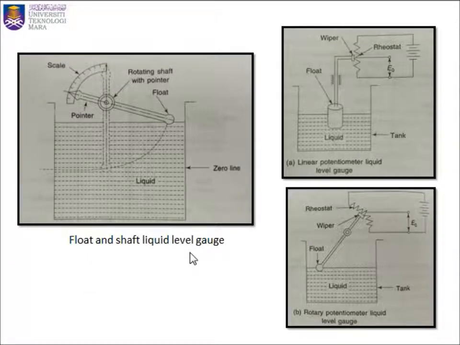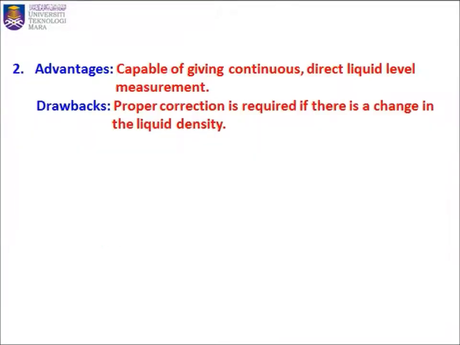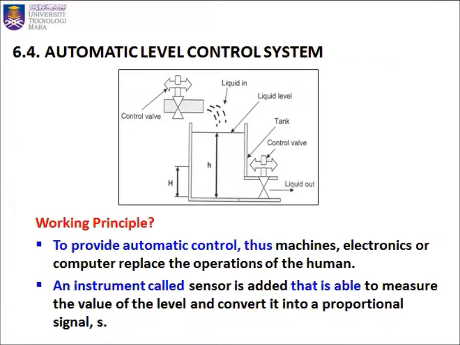Okay, float and shaft liquid level gauge, and then linear potentiometer liquid level gauge and rotary potentiometer liquid level gauge. Right? So the advantage is that it is capable of giving continuous direct liquid level measurement. Okay, but the drawback is that proper correction is required if there is a change in the liquid density.